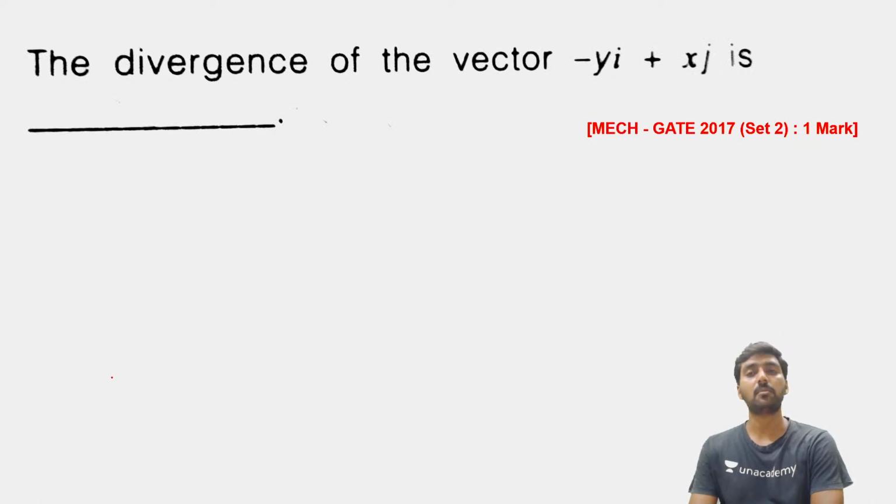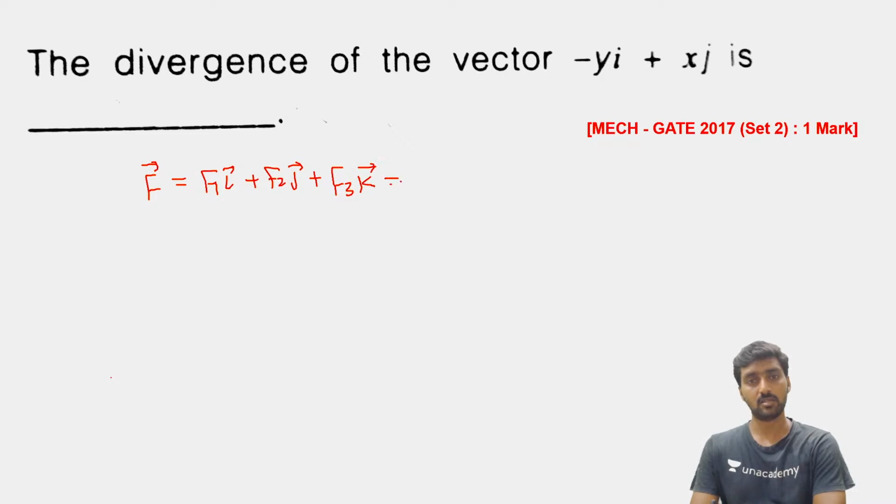Divergence of the vector minus y i vector plus x j vector. We can take f vector equal to f1 i vector plus f2 j vector plus f3 k vector, equal to minus y i vector plus x j vector.